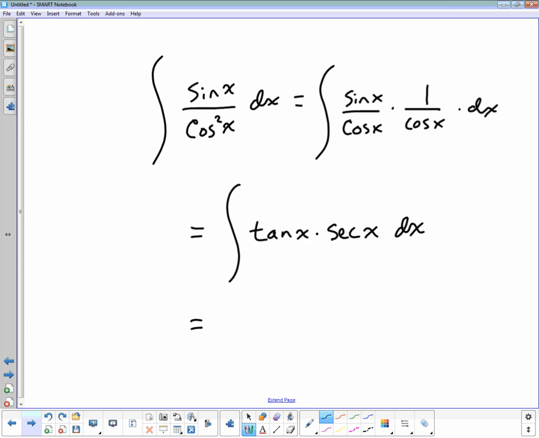But when I take the derivative of something, do I get tangent secant? The derivative of secant is secant tangent. Say the word. Yes, thank you. Secant of x plus c.